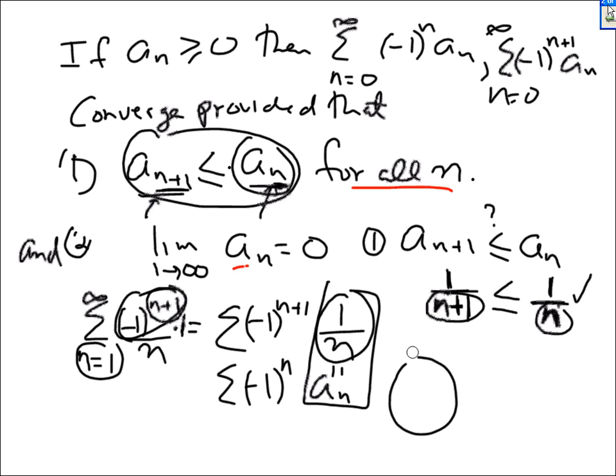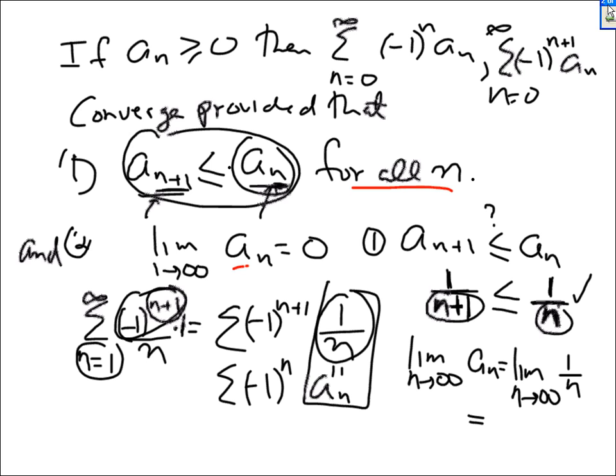Condition 2 says that the limit has to be 0 of a sub n. Well, the limit as n goes to infinity of a sub n, that's the limit as n goes to infinity of 1 over n. And 1 divided by more and more and more. Why more? Because n is going to infinity. That's 0.